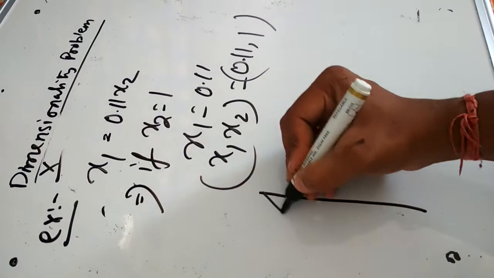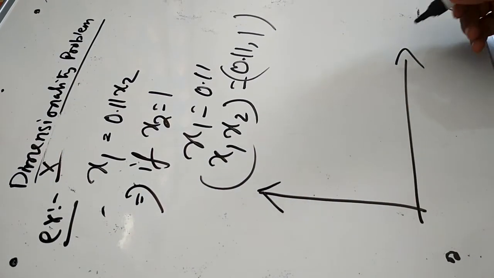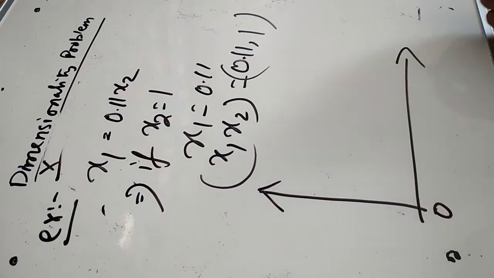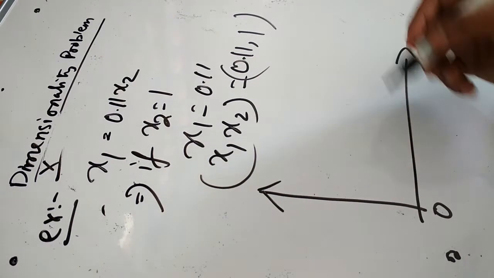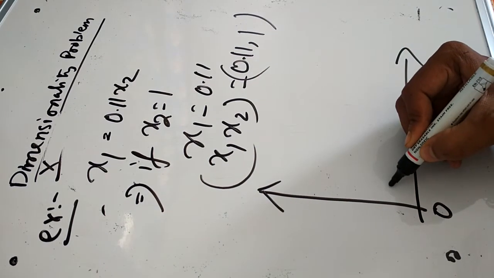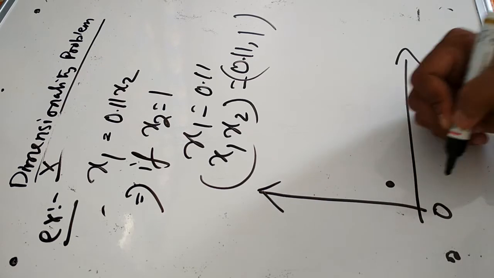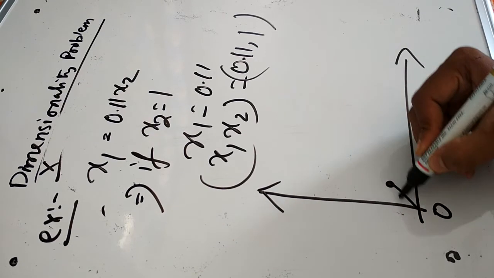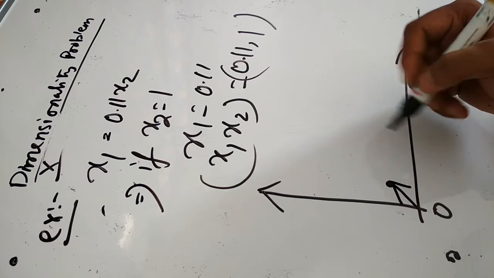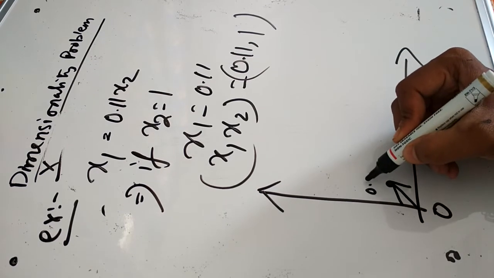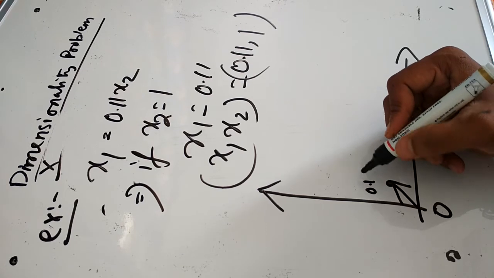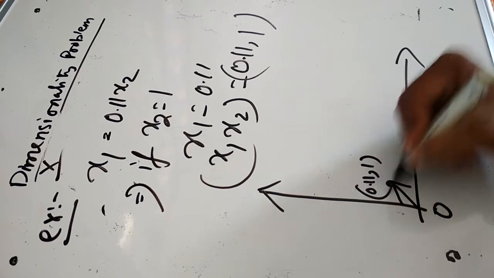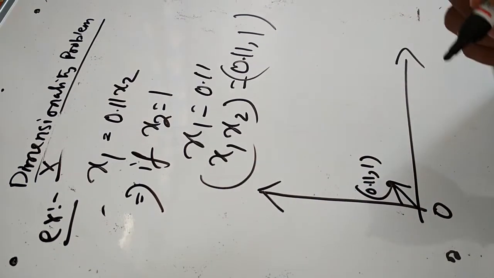In this diagram, let's draw the point 0.11 comma 1.